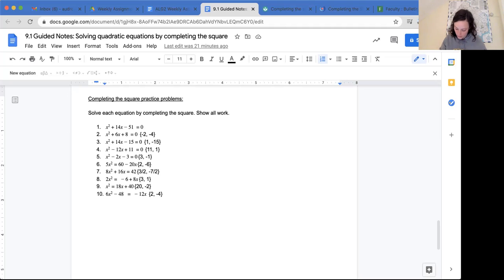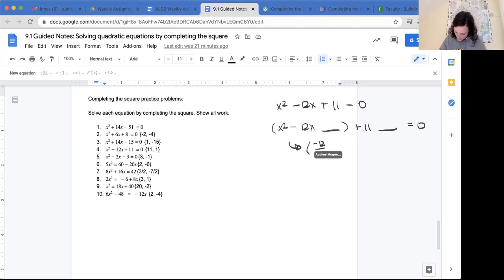Let's do number 4 really quick. x squared minus 12x plus 11 equals 0. x squared minus 12x blank plus 11 blank equals 0.